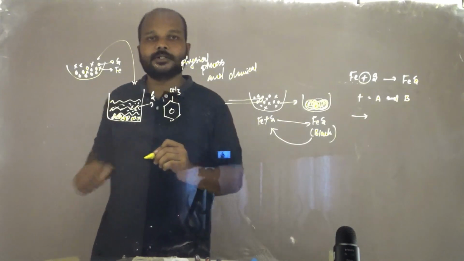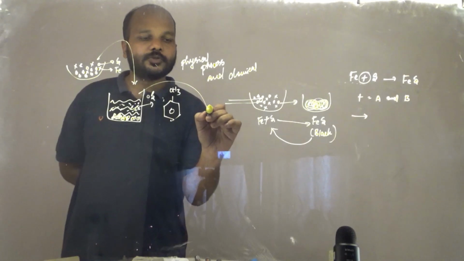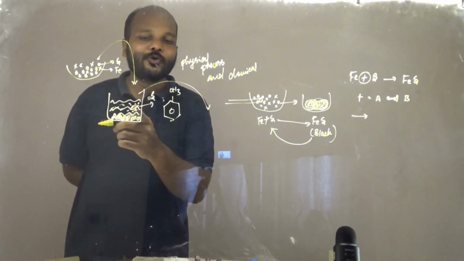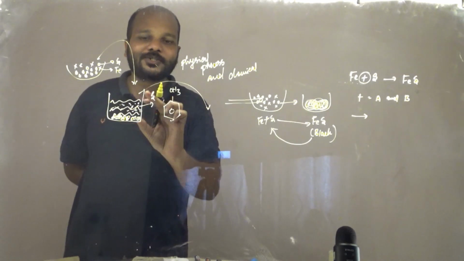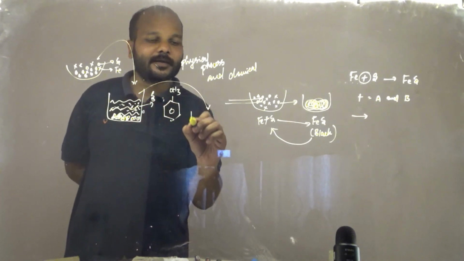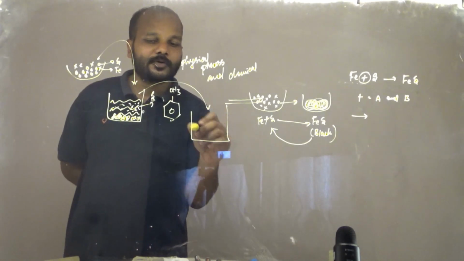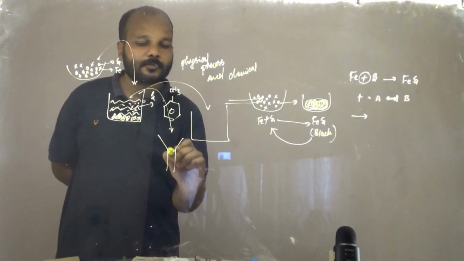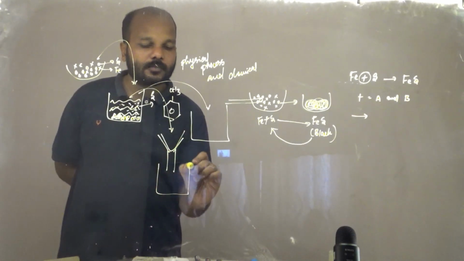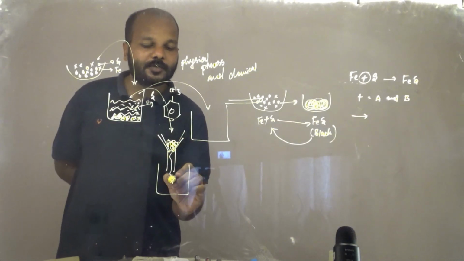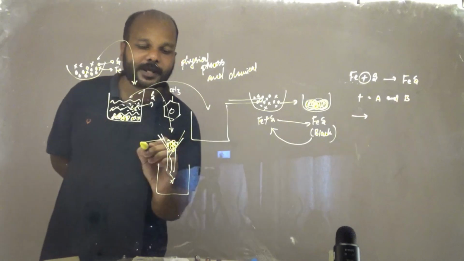Now it is very easy to separate. See, here no product is formed. This solvent still contains sulfur, and at the bottom the iron granules will be there. Now you can easily separate it out. You pour it into a funnel, and the iron granules will remain here, and the methyl benzene will pass through the filter paper.